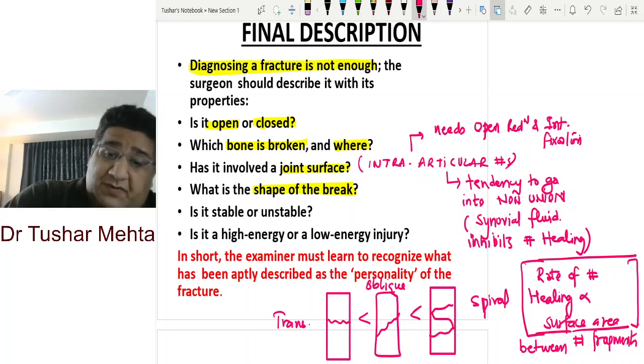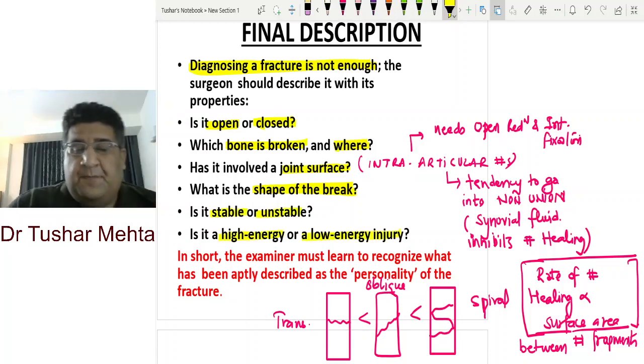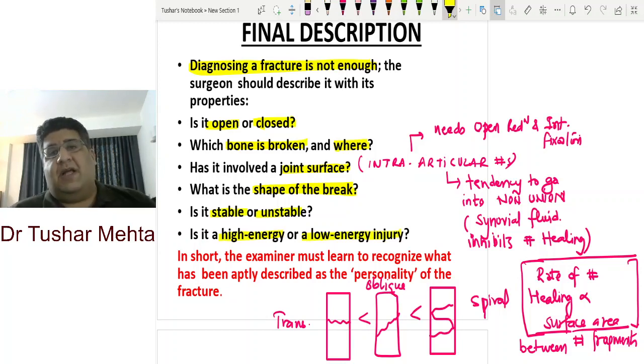Once you have seen all these aspects, you have to see whether the fracture is stable or unstable, whether it is a high energy or low energy injury. Every fracture is a different personality in itself.